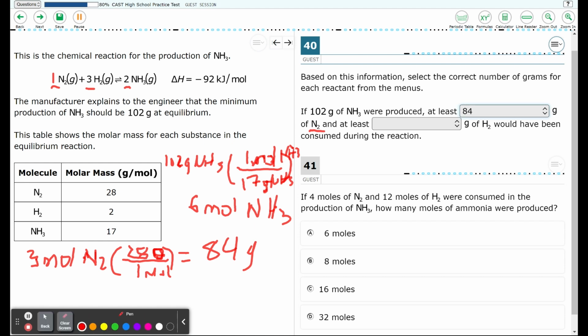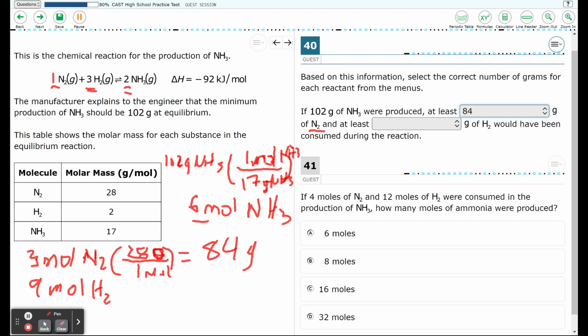Then we need to figure out how much hydrogen. And so, well, to form 6 moles ammonia, if it takes 3 of these to make 2 of those, that means we're going to need 9 moles of H2, hydrogen, because 9 to 6 is the same ratio as 3 to 2.